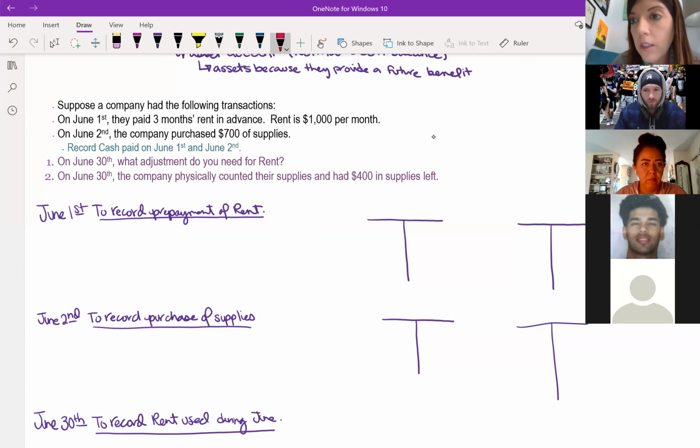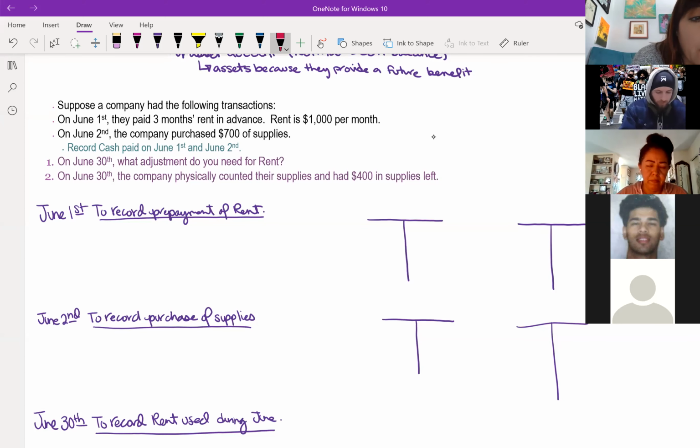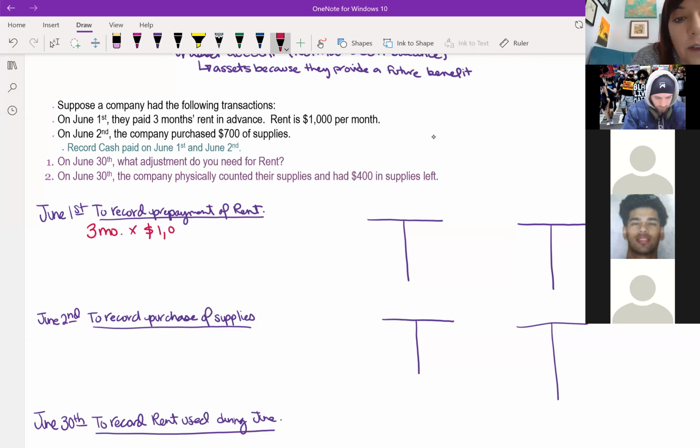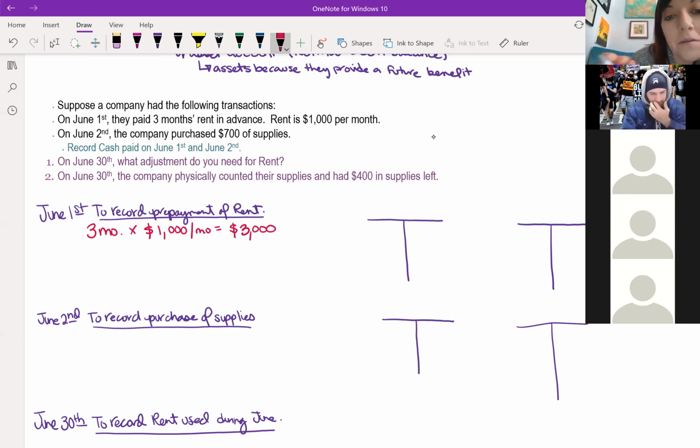It's not the adjusting entry because it's happening at the beginning of the month. 3 months of rent were paid at how much per month? $1,000 per month. So how much did we pay? 3,000.